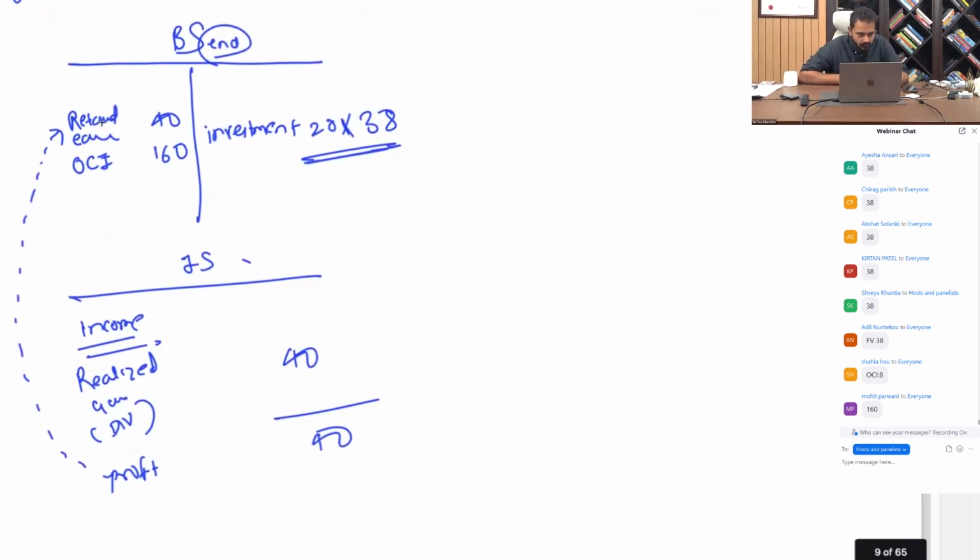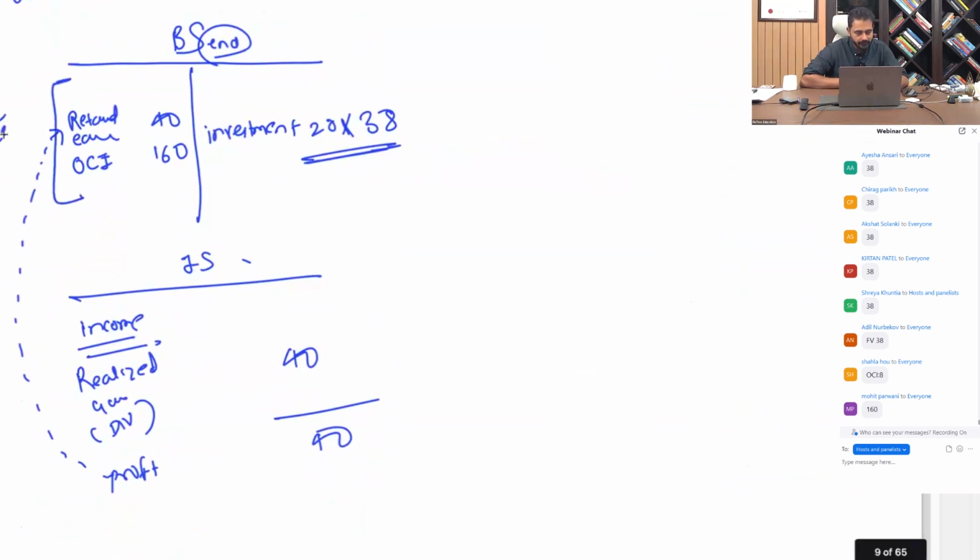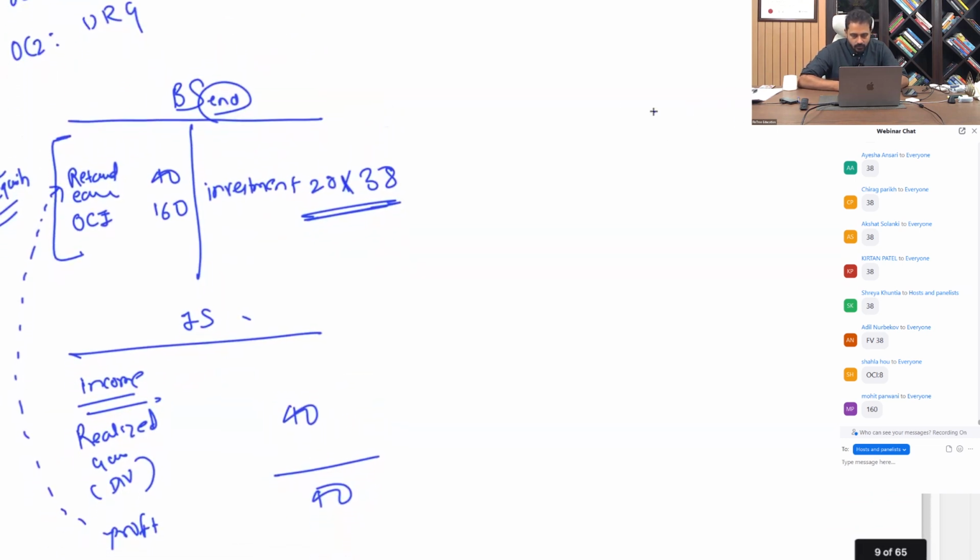Please remember, OCI and retained earnings are also part of equity. So it is just internal decomposition, but at the end of the day, all the profits are accumulating in your equity. Okay. How about the FVPL method? So here investment is 20 shares into what price? 38.